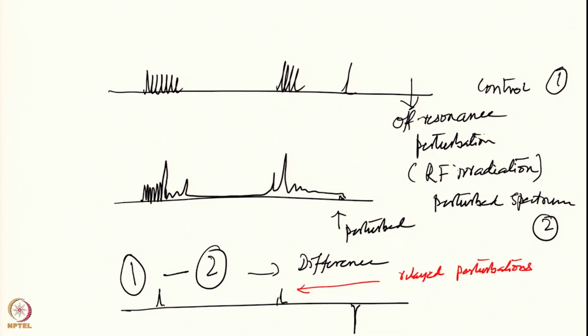And we can quantitatively define this: NOE, let us say η_IS, is equal to (I minus I naught) divided by I naught.